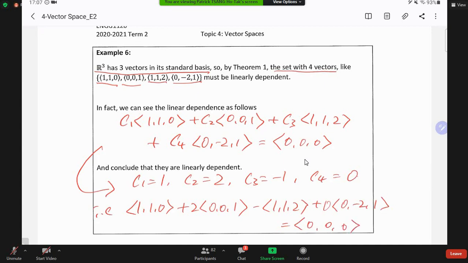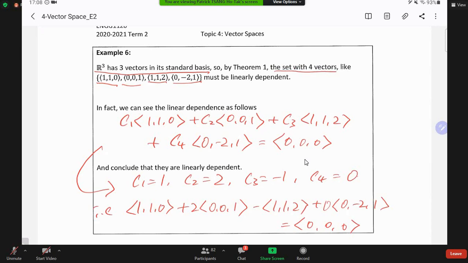After some intermediate steps, we lead to the following conclusion. We solve for C1, C2, C3, and C4, and then rewrite the overall relationship as follows. Based on our concept of linear dependency, this relationship clearly reflects that they are linearly dependent, because not all of the coefficients C1 to C4 are 0 at the same time.